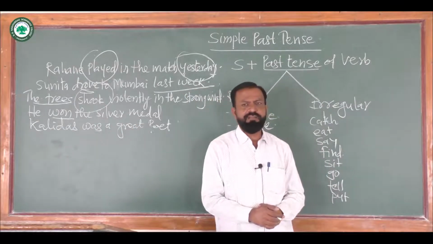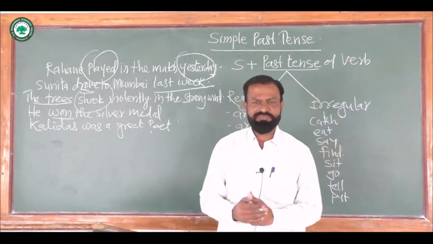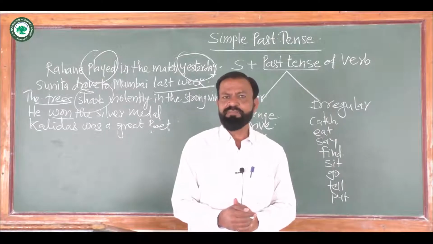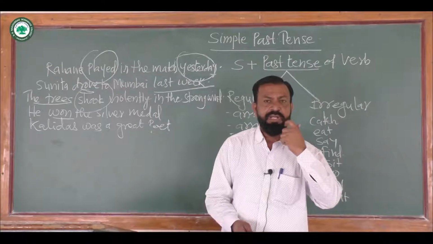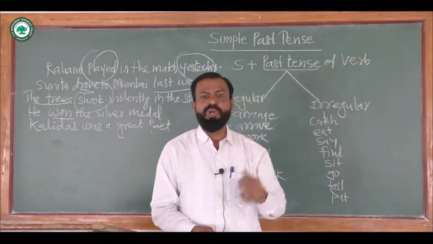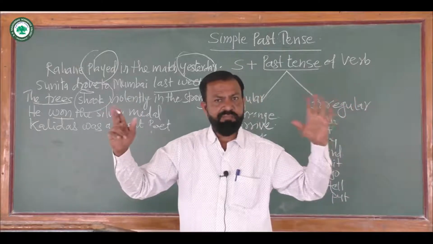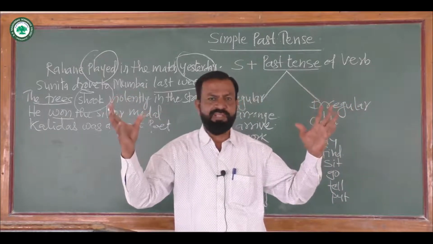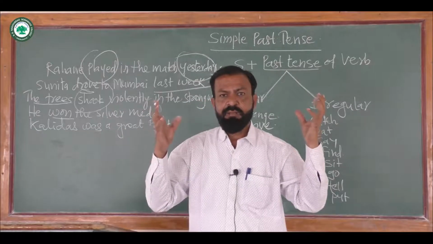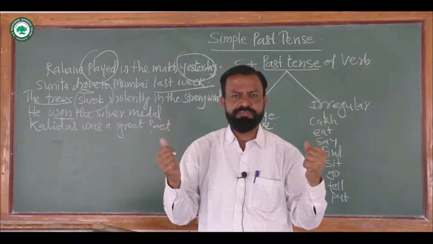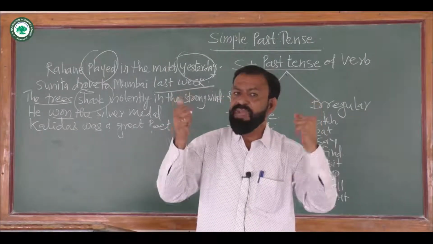And in the last sentence, Kalidas was a great poet. Here you see the main verb. Now while studying the role of modal auxiliaries and primary auxiliaries, we saw the difference between primary auxiliaries and modal auxiliaries, that sometimes these auxiliary verbs can do the role of the main verb.